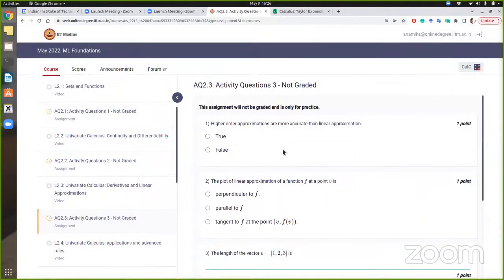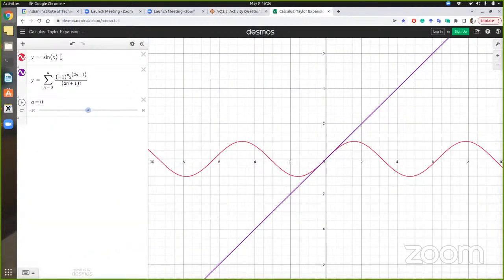Higher order approximations are more accurate than linear approximation. What do you have to say? True. Right. Let me show an example. Let's say the function that we have to approximate is sine of x. You can go for linear approximation, quadratic approximation, or higher order approximations.